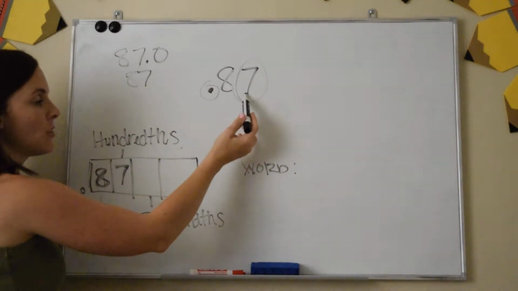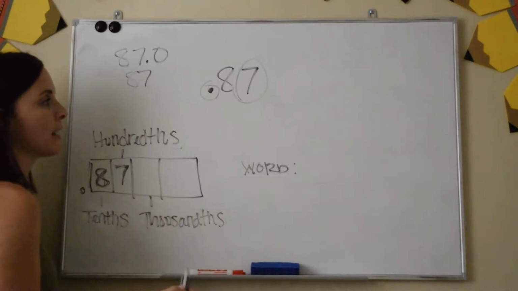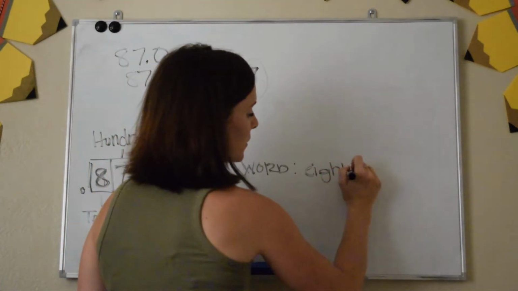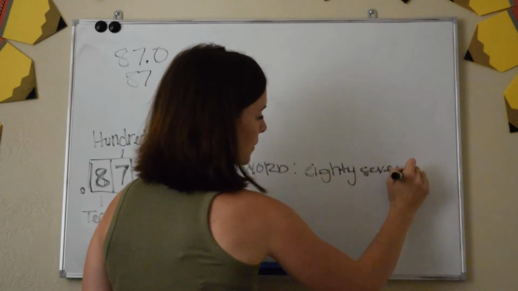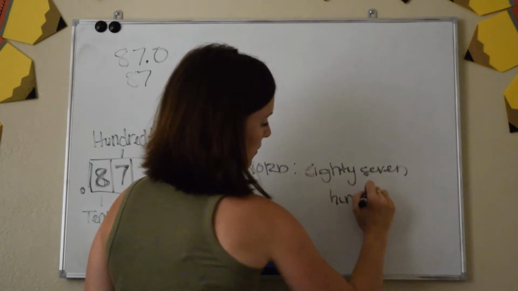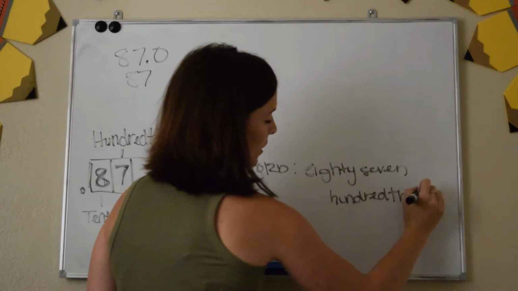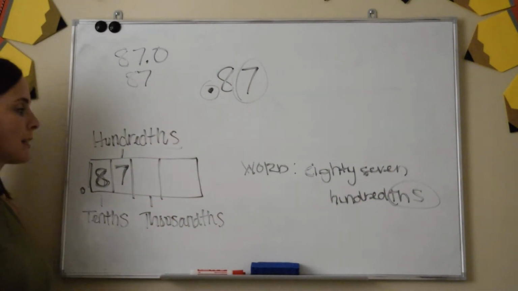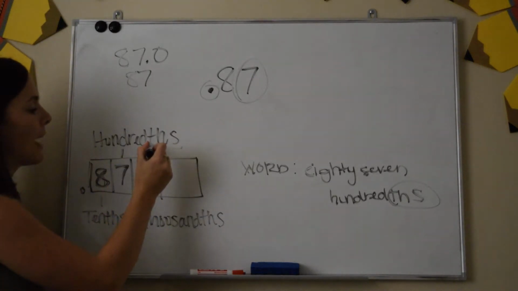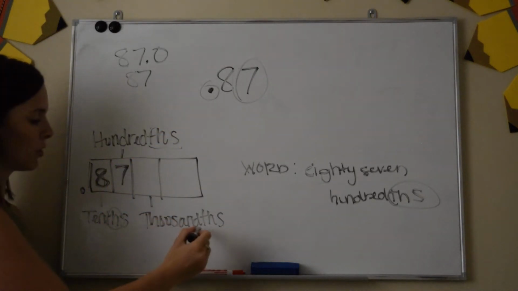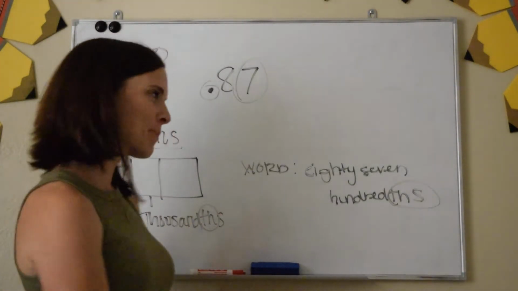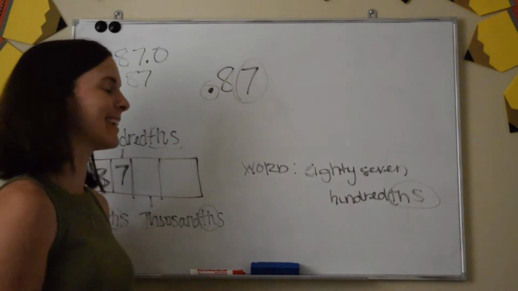The 7 digit is landing in the hundredths place, so I'm going to write it as 87 hundredths. Careful with that spelling when you're working with any digits to the right of the decimal. Notice we add this TH, TH, TH. So you really want to emphasize hundredths. And I love to emphasize the S at the end.